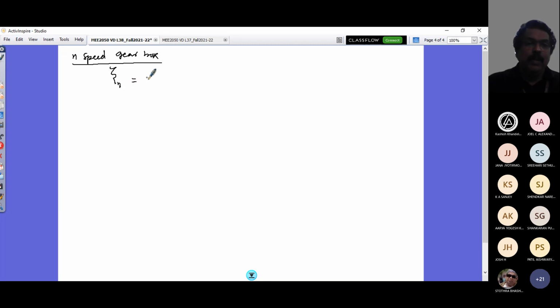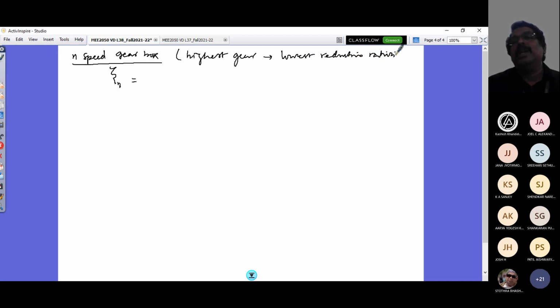So this is equal to, it's decided by what? The maximum. So I am going for the first, highest gear, that is the lowest reduction ratio, right? The highest gear refers to the lowest reduction ratio. The lowest reduction ratio can be a direct drive, or if you have an overdrive, it will be more than that.